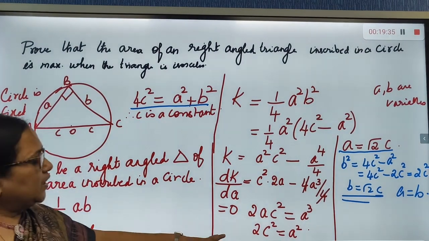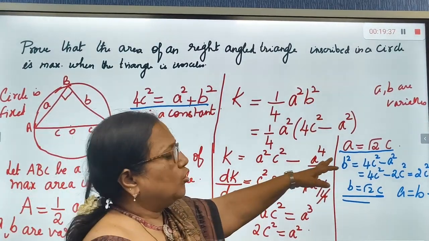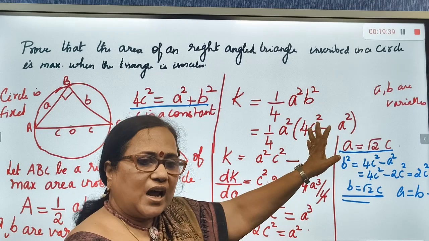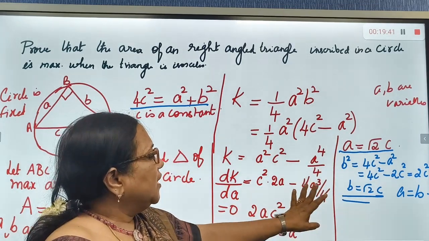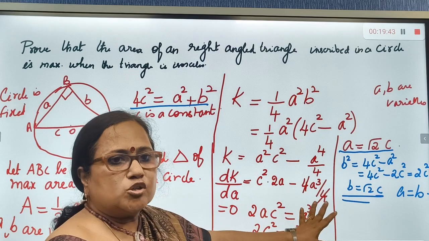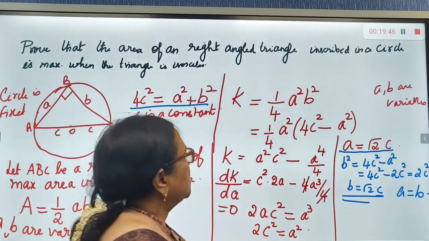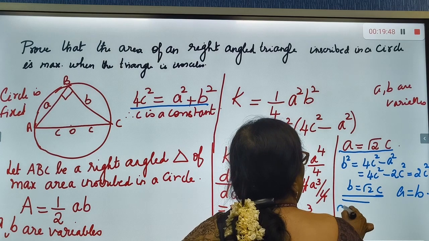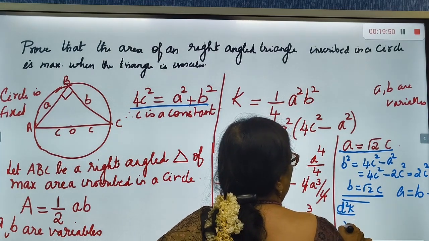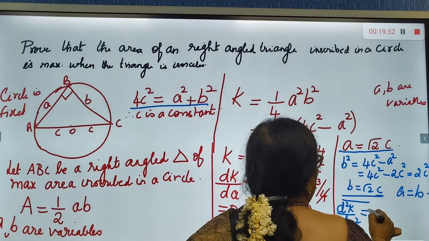We have only checked the critical point. The critical point is A equal to root 2C. And we have checked that at that critical point, B is also equal to A. So the triangle is isosceles. What is the confirmation test? You have to do d square k by dA square.